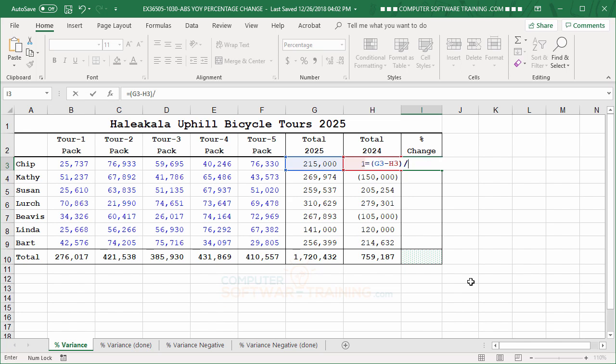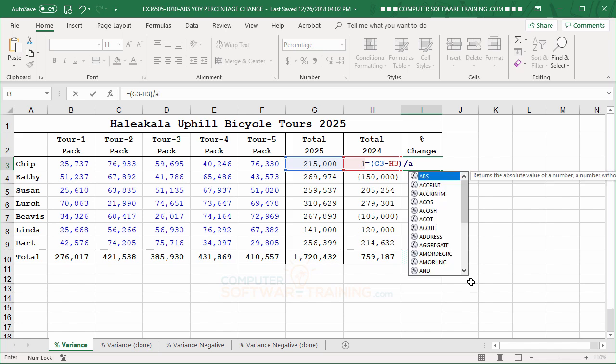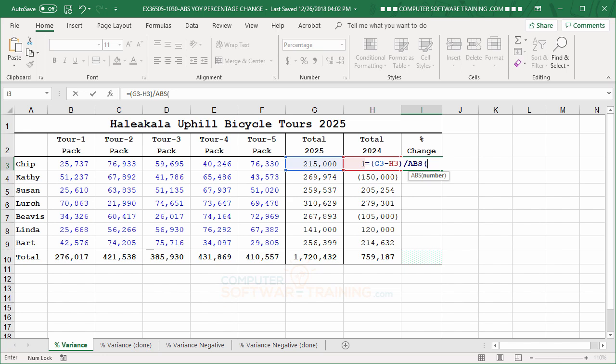and then divide it by the old number. Now, in order to avoid dividing by a negative, we're going to put in the function, and I'll type this in right now, A-B, and you'll see ABS pop up here, all right?